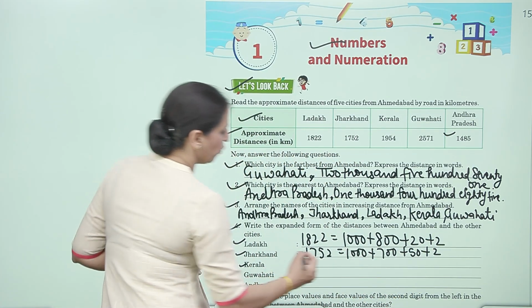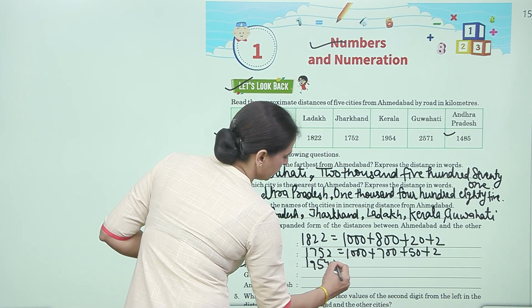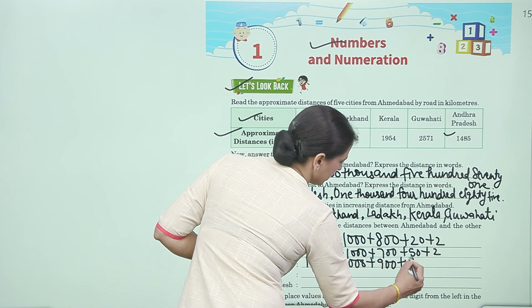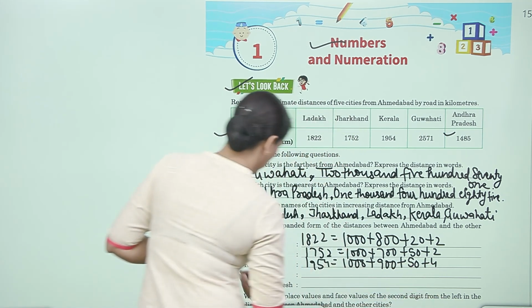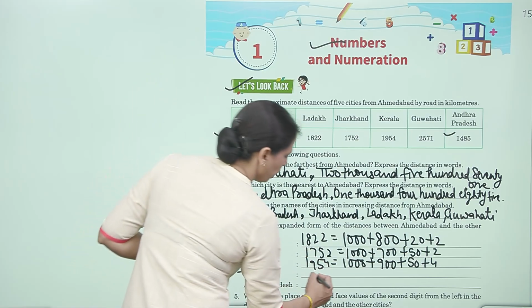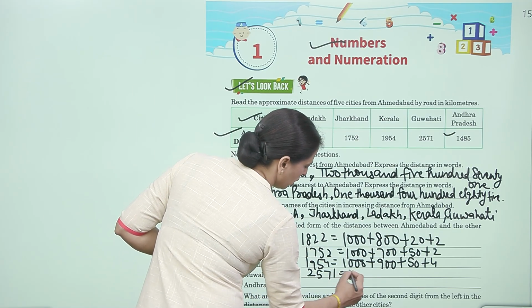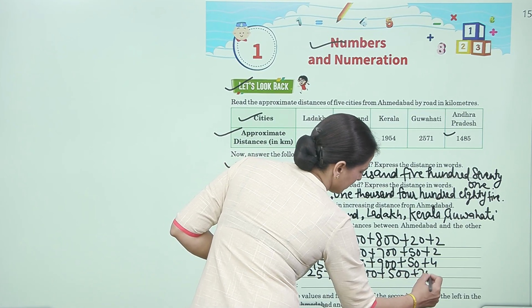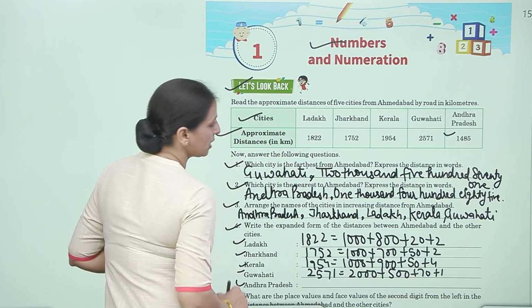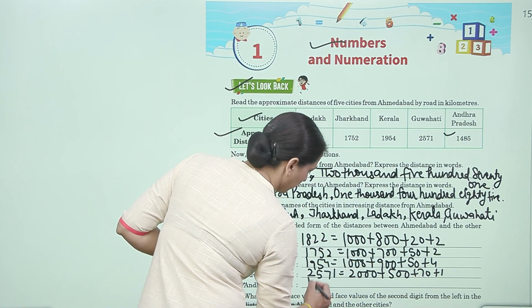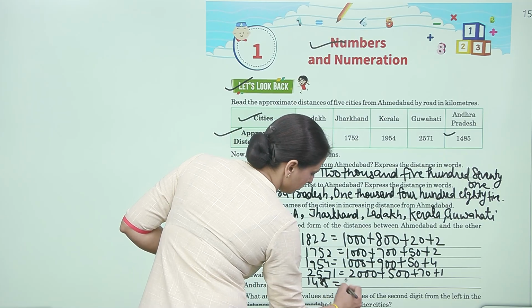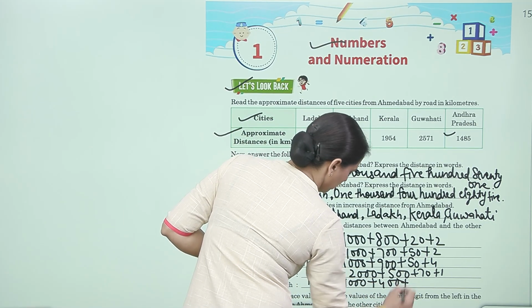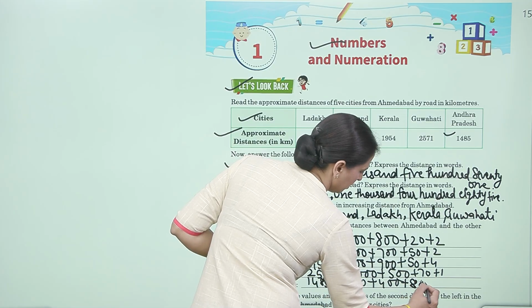Next, Kerala 1954, that is 1000 plus 900 plus 50 plus 4. Next is Guwahati, that is 2571, 2000 plus 500 plus 70 plus 1. Next is Andhra Pradesh 1485, 1000 plus 400 plus 80 plus 5.